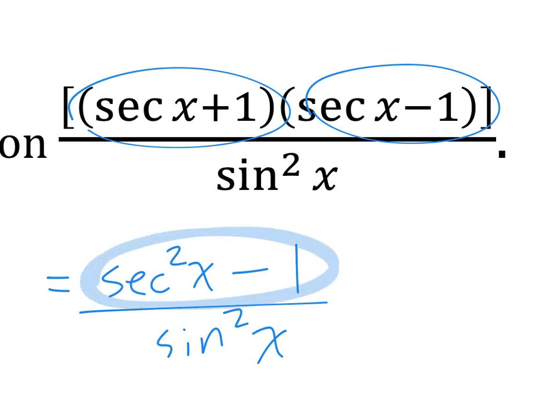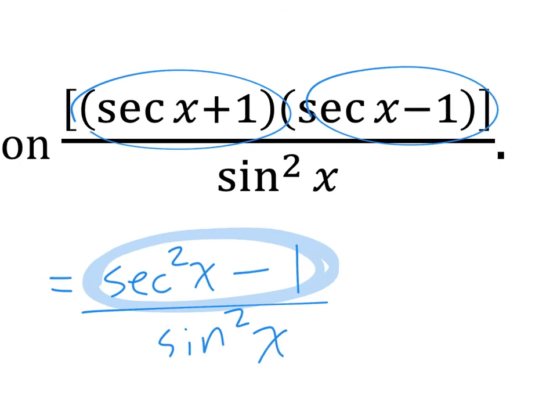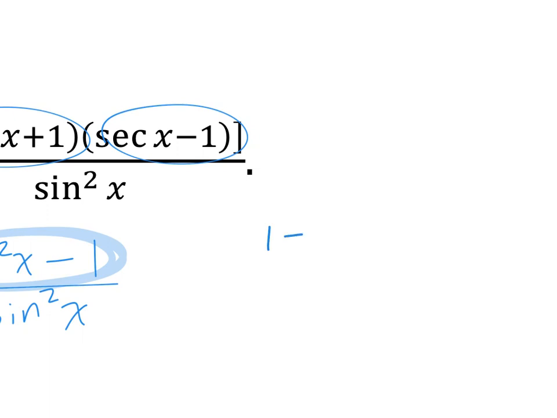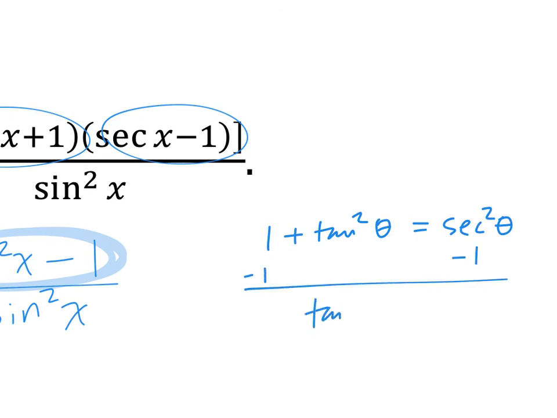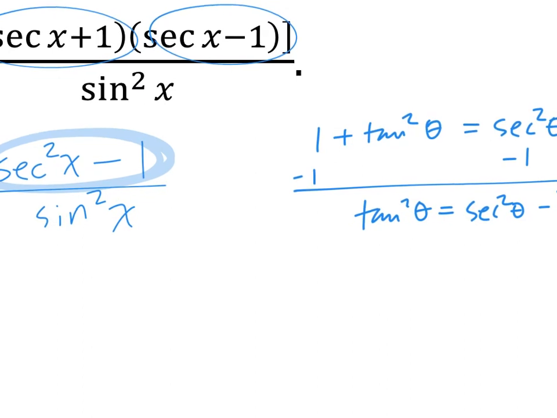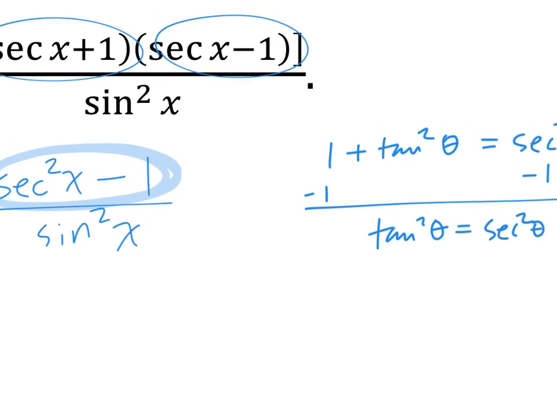Does this look somehow familiar? Recall your identity: 1 plus tangent squared is secant squared. How do I get to secant squared minus 1 from there? Move the 1. Tangent squared is secant squared minus 1. So, can you guys finish this? Okay, go ahead and finish.